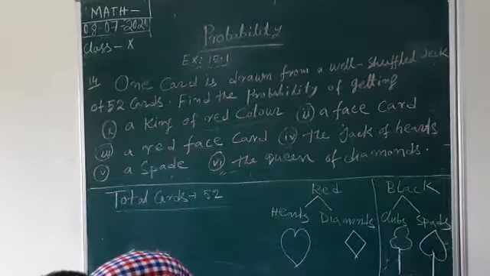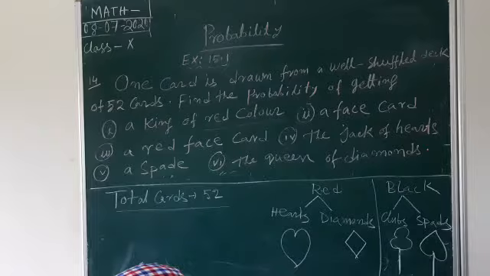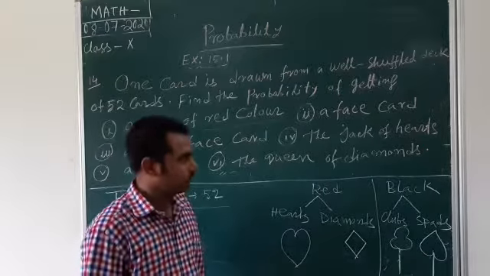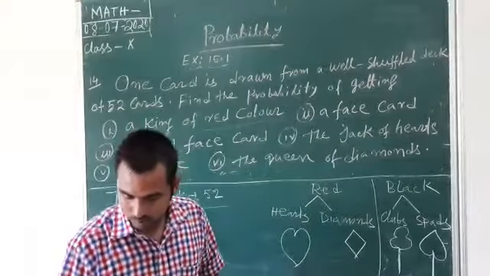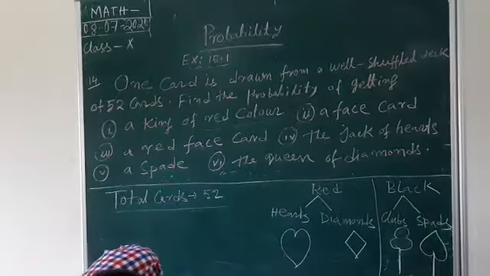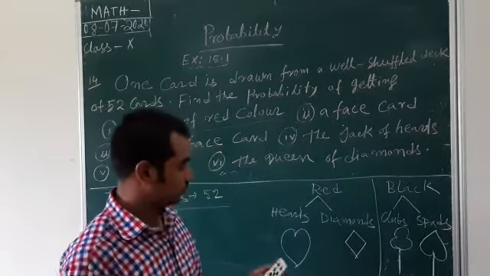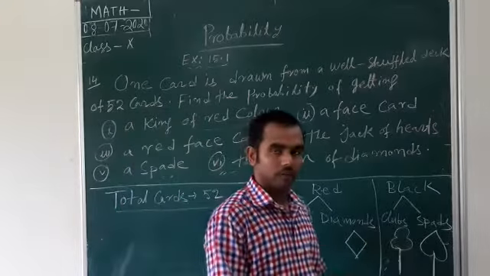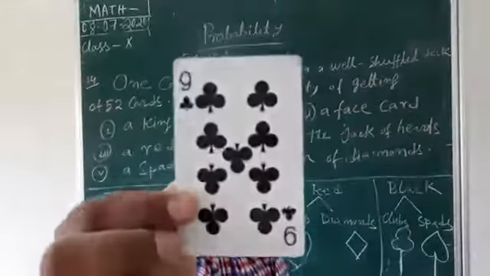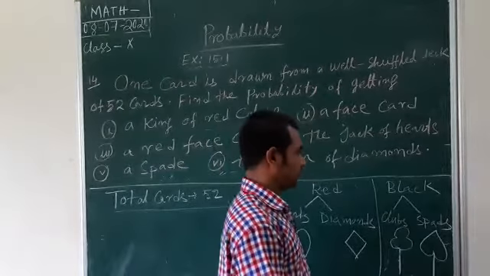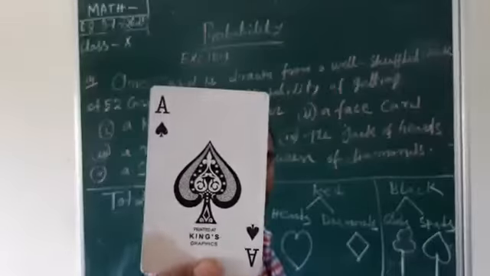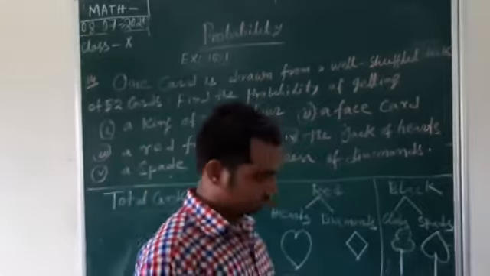Next, the black color also contains two items. One is clubs, this symbol is clubs, and another is spade.